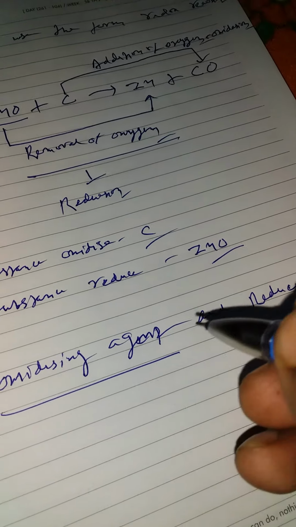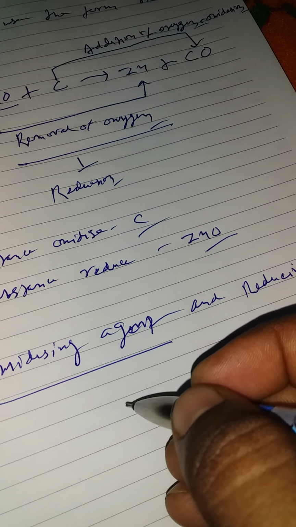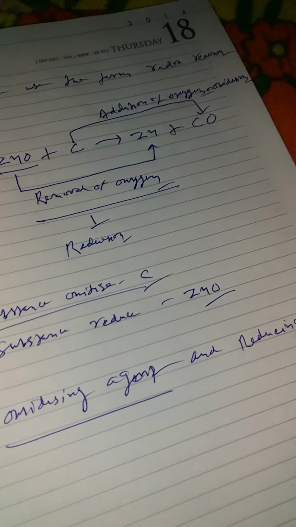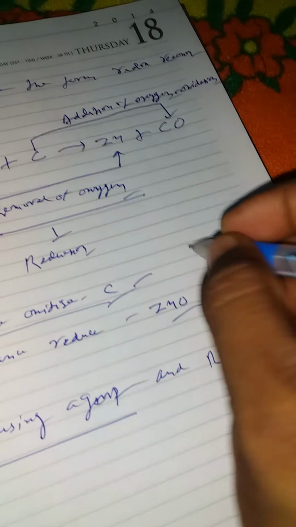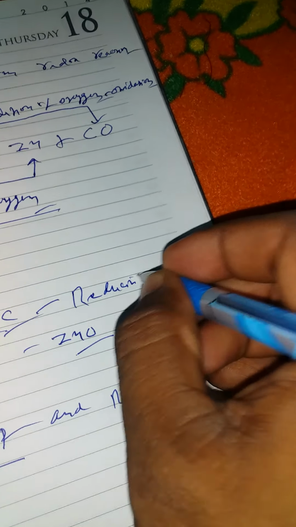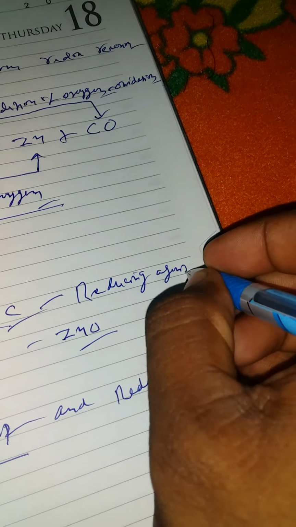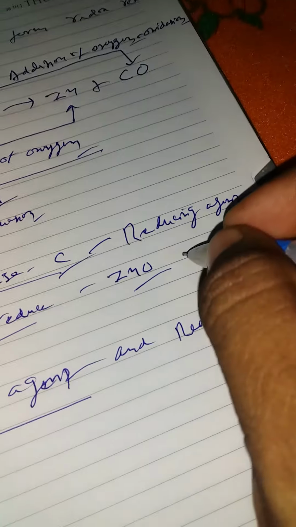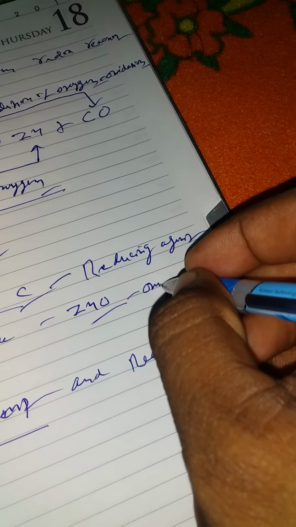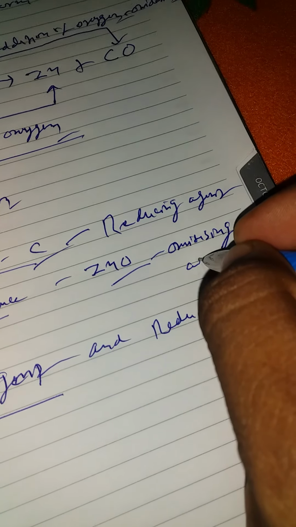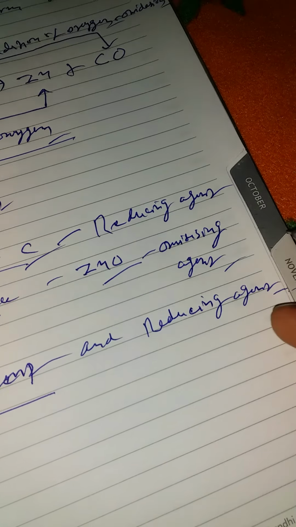Students, the substance which gets oxidized is known as the reducing agent, and the substance which gets reduced is known as the oxidizing agent.